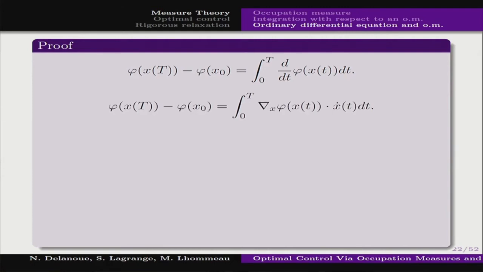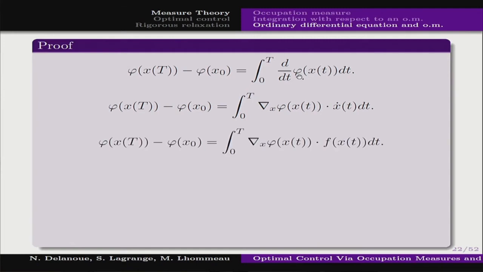Then, here you can use the chain rule, because you want to differentiate with respect to t, so you can compute a gradient, because phi is a map from Rn, from x to R, so this is just a gradient. And here you just write the derivation of x with respect to t, so you obtain the velocity.